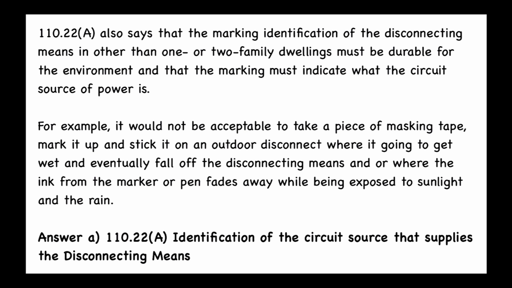So if it's not a one or two family dwelling, then you have to mark what the source of the power is: the panel, panel number, and the circuit number. This way, if somebody needs to shut something off, they know where to go and what to shut off. Again, if this is not a one or two family dwelling, you must do this.